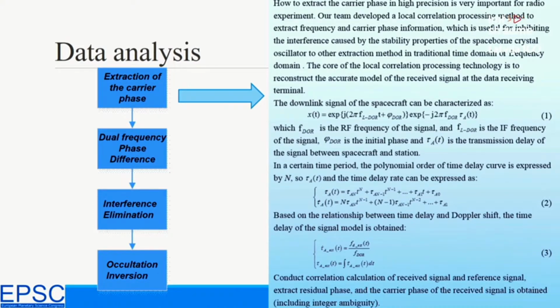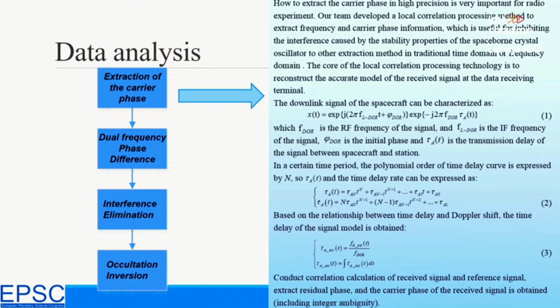This method is very useful for inhibiting the interference caused by the stability properties of the spaceborne crystal oscillators. And using this method, we can conduct the correlation calculation of the received signal and the reference signals.